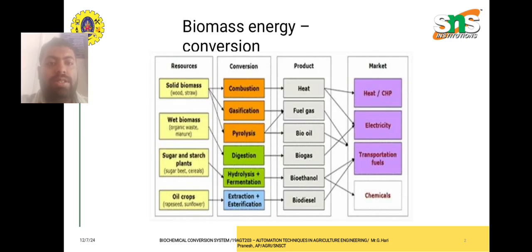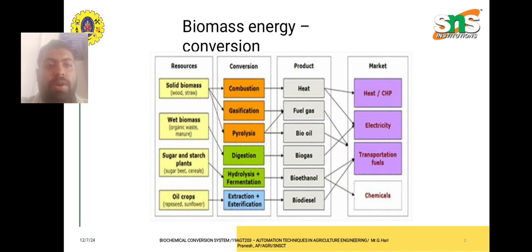Biomass energy conversion. These are the resources: solid biomass like wood and straw; wet biomass like organic waste and manure; sugar and starch plants, and oil crops. Sugar and starch plants means sugar beet and cereals. Oil crops include rapeseed, sunflower seeds, etc. Solid biomass gets converted in three processes: combustion, gasification, and pyrolysis.